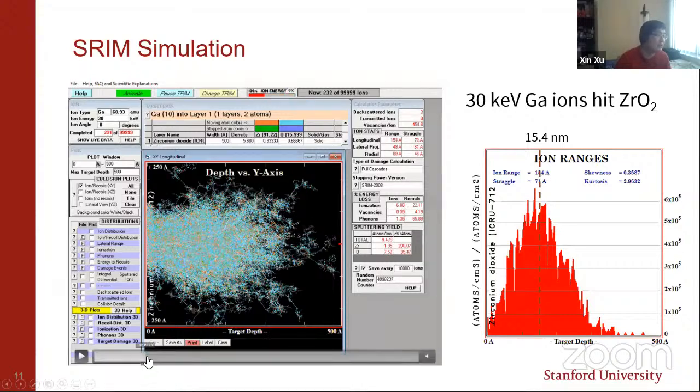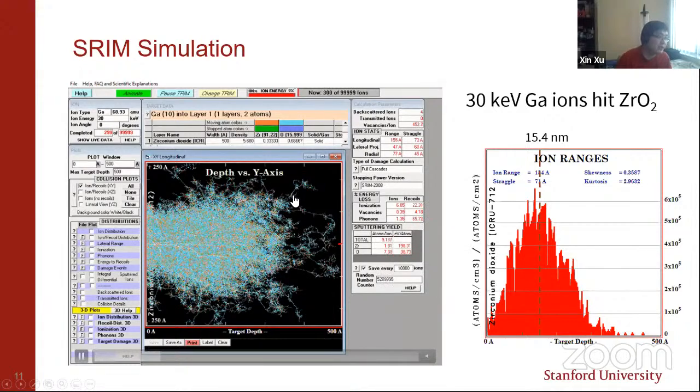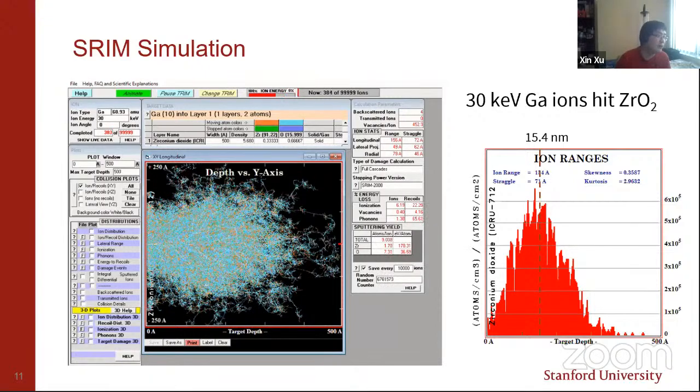You will see the red dots. Those are the vacancies generated by the primary ions, and the blue dots are the vacancies generated by the recoil ions.